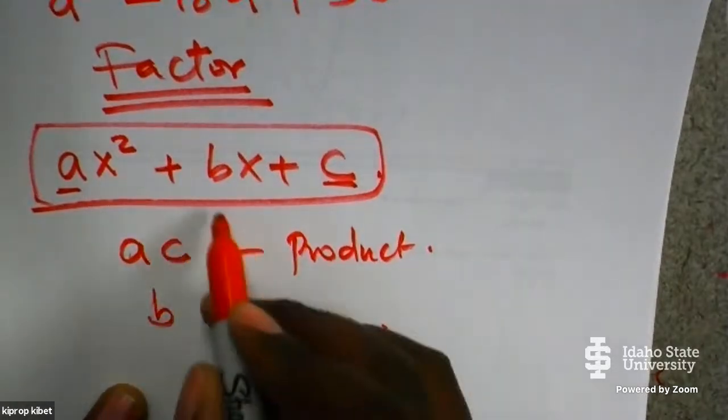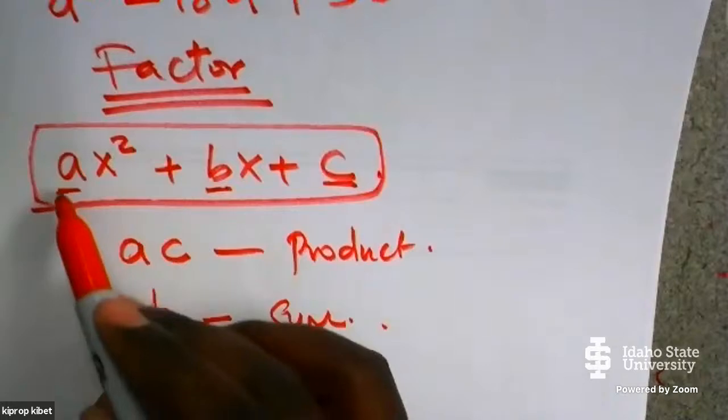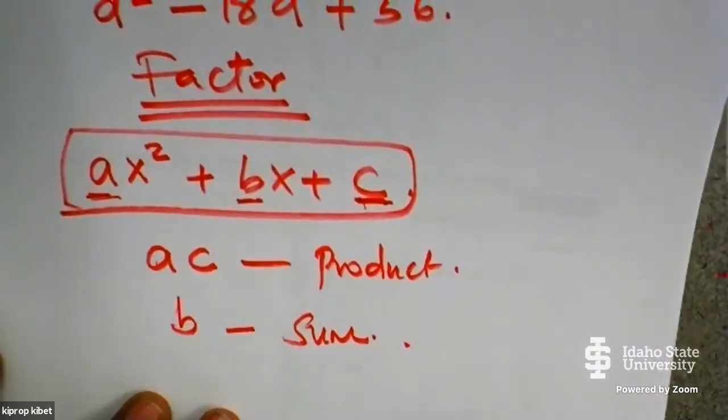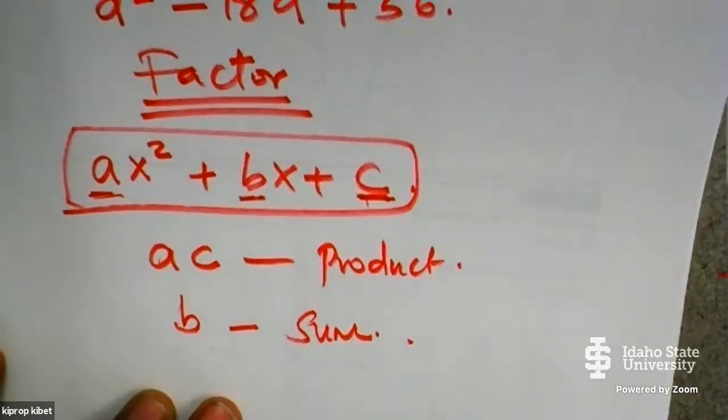We need two numbers whose product is ac and whose sum is b.